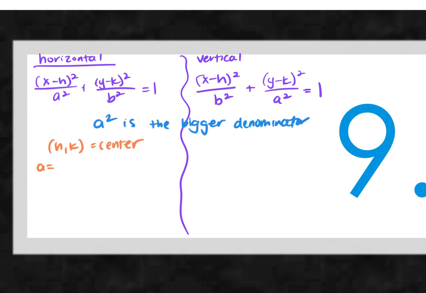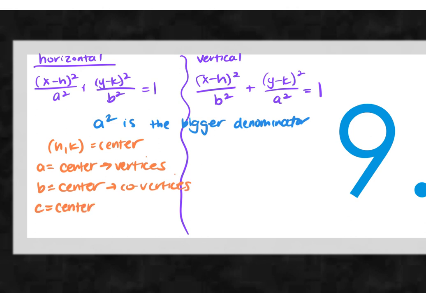We said A is the distance from the center to the vertices. We said B is the distance from the center to the co-vertices. And we said C is the distance from the center to the foci. And then we said C squared equals A squared minus B squared.